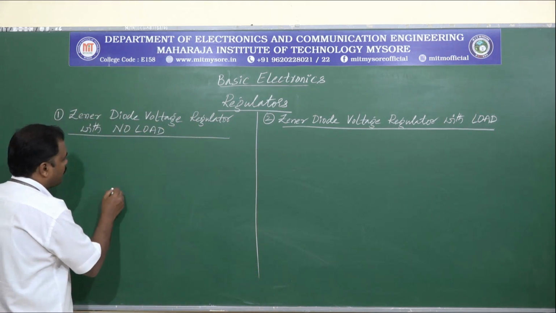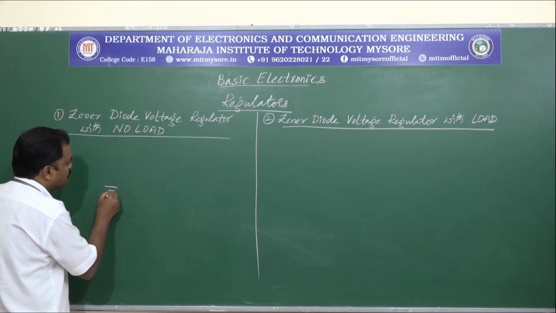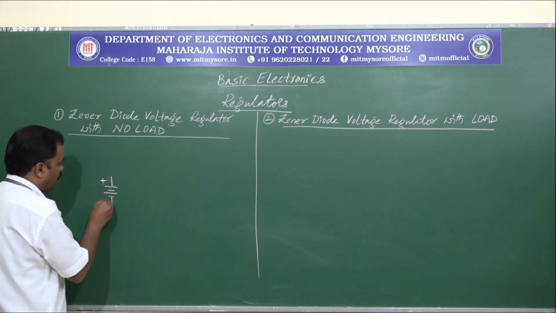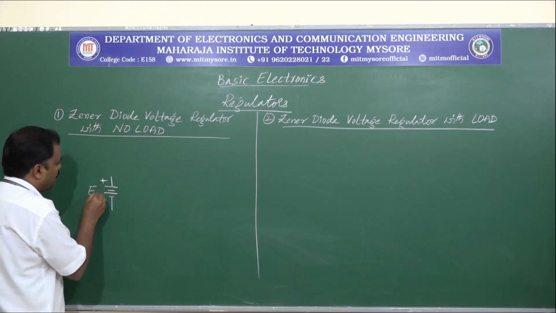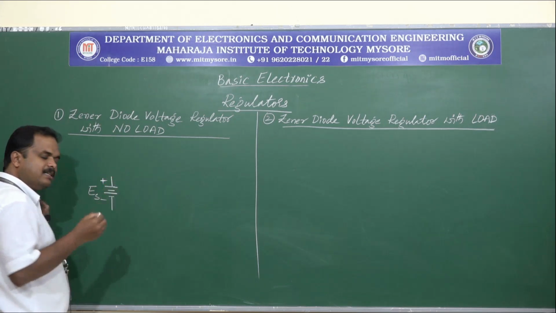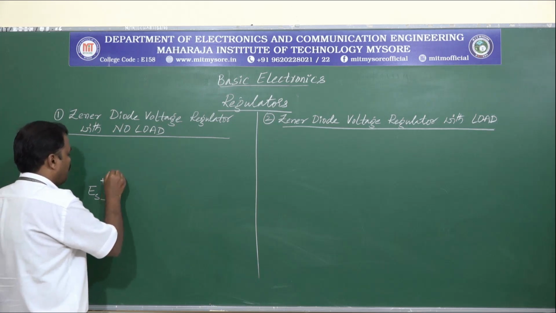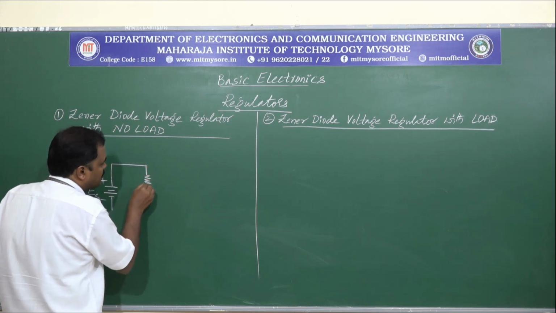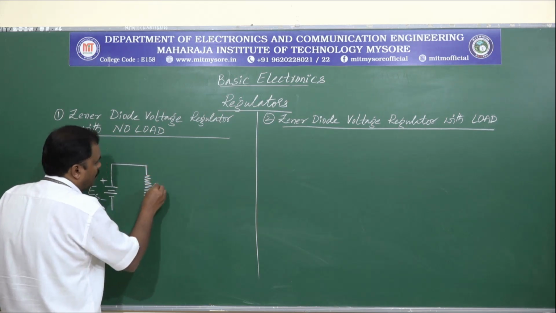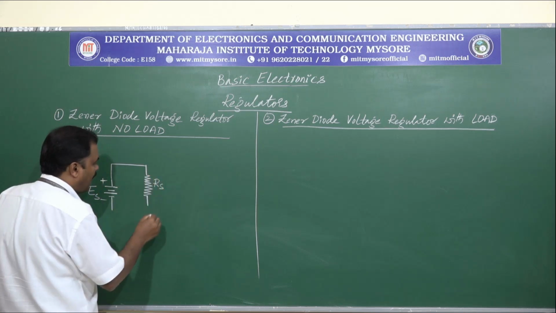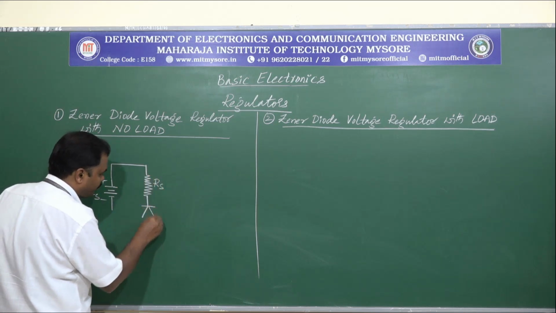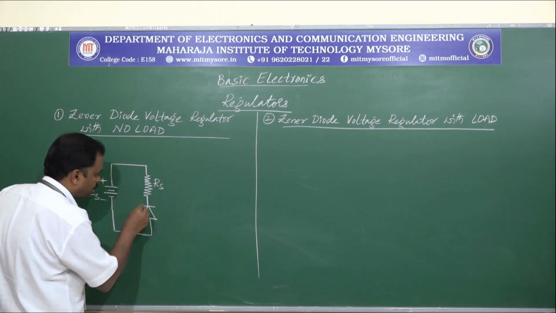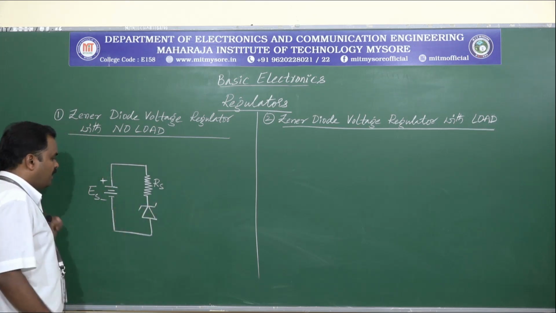Let us say there is a voltage source, let us call this ES, and let us consider a Zener diode across this. Here we have a series resistance, let us say this is RS, and here we have a Zener diode connected like this.